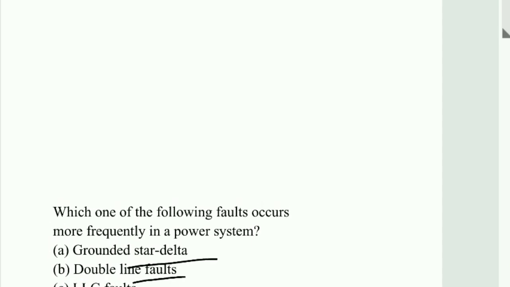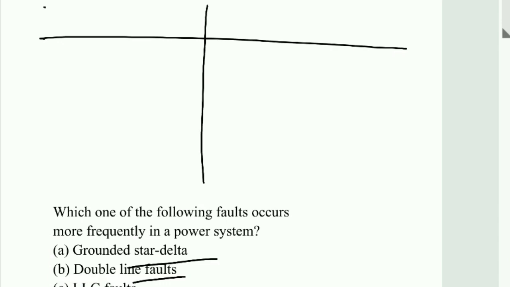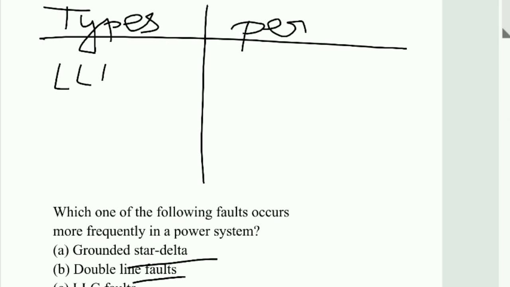If we create a table about types of fault and percentage, राइट? अगर 100 फॉल्ट होगा उसमें से कितना फॉल्ट क्या हो सकता है, ये प्रोबेबिलिटी है, एक रफ स्टैटिस्टिक्स है, राइट? सो ट्रिपल एल जो फॉल्ट है, ट्रिपल एल फॉल्ट होगा 5%. 100 में से सिर्फ 5 फॉल्ट ट्रिपल एल होगा, लाइन फॉल्ट.